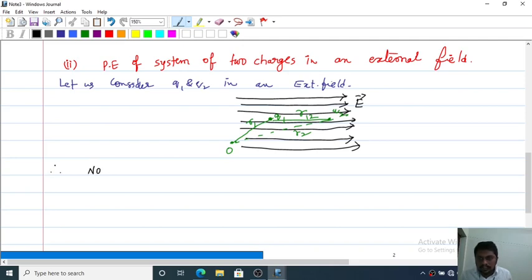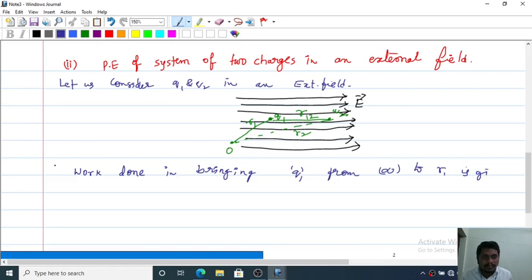Now the work done in bringing Q1 from infinity to R1 is given by, where R1, what is the electrical potential at R1?